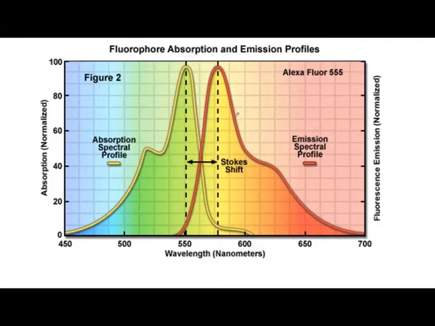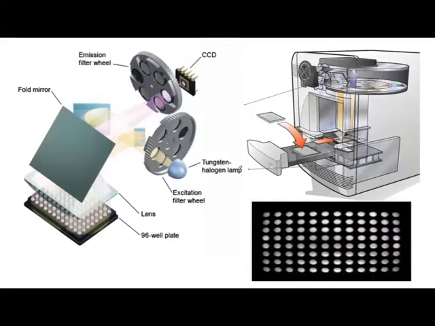That's why each fluorescent molecule has an emission wavelength, and this is very important because different molecules emit different lights. With this, it helps us do multiplexing, which I'm going to discuss in a coming slide. So this is what it looks like in a real-time PCR machine.